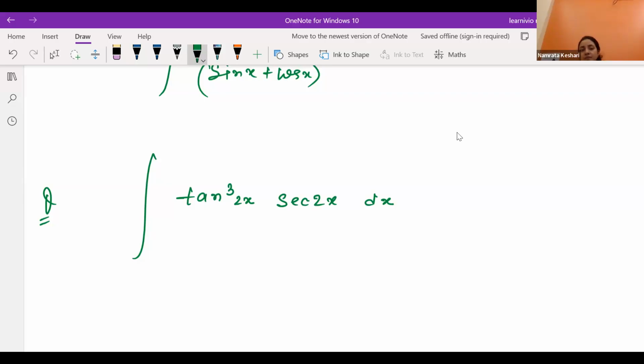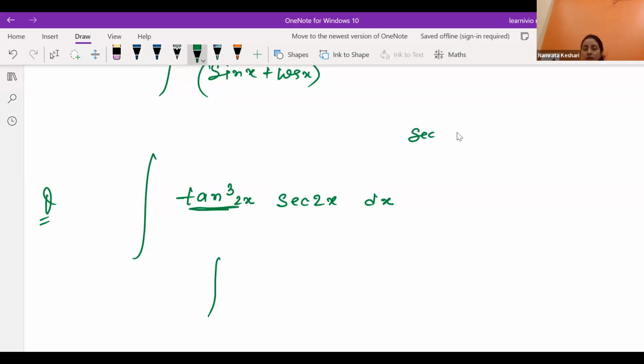Think about it. Can we write this tan cube as a tan square and use the sec formula? Can we?